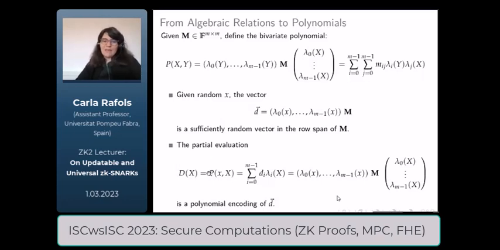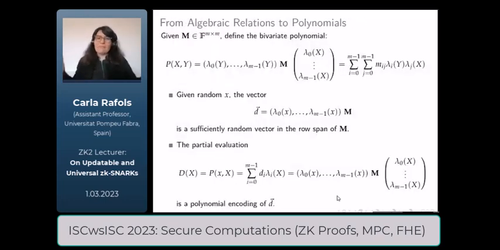And if I want to sample this vector, this corresponds to, this should be interchanged, I'm evaluating Y at x, okay? So I'm multiplying lambda 0, ..., lambda m minus 1 times M times this. And this gives me a partial evaluation of this polynomial.